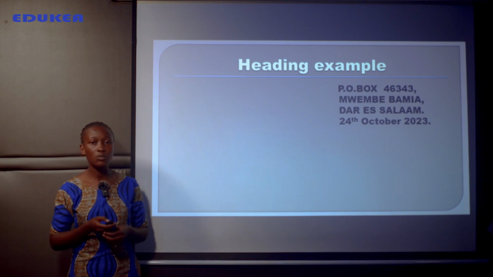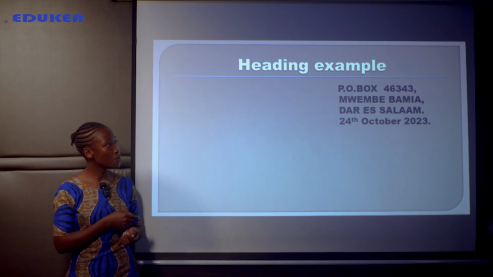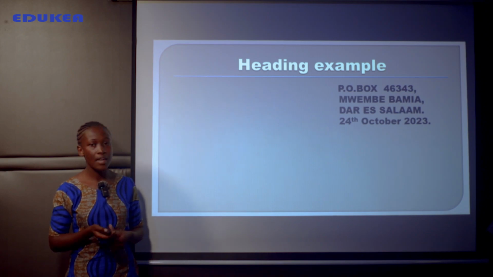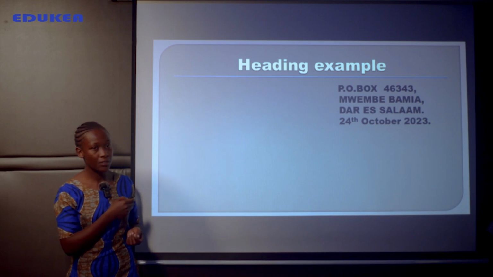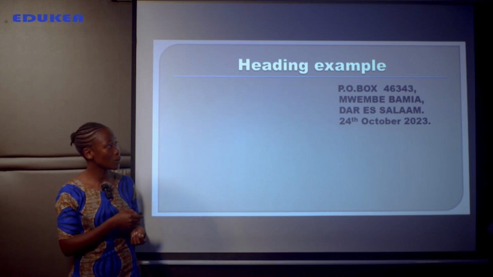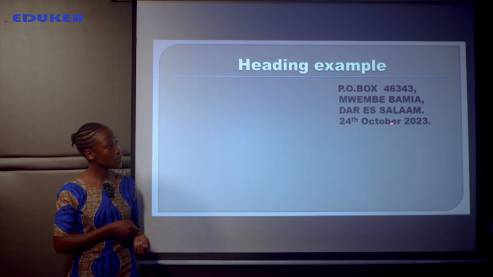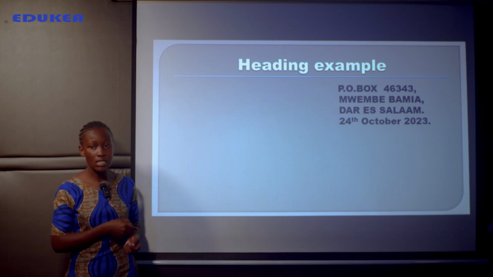Then you should locate where you live by writing the name of the place, Mwembebamia, Dar es Salaam. Then the date, you put it after telling your place. Then you write the date, 24th October 2023.